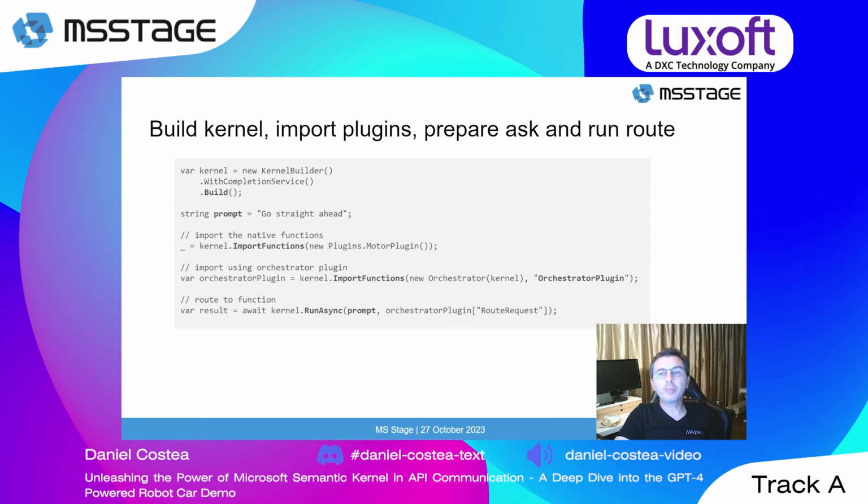This is a special plugin which is finding the best match for our intention in the imported plugin's functions. And finally, we run the best match, the function where the orchestrator routed us.